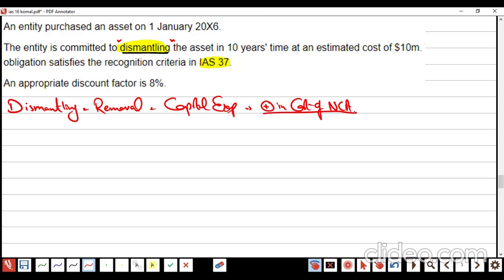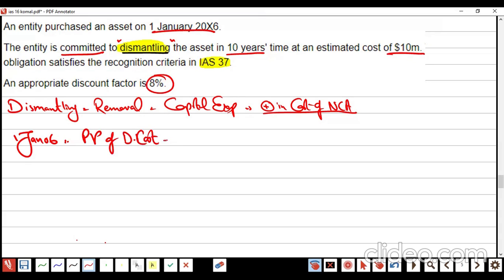In 10 years' time, you are committed to incur 10 million. The asset purchase is this, the interest rate is that. So first of all, on 1st January 2006, we need to find the present value of the dismantling cost.